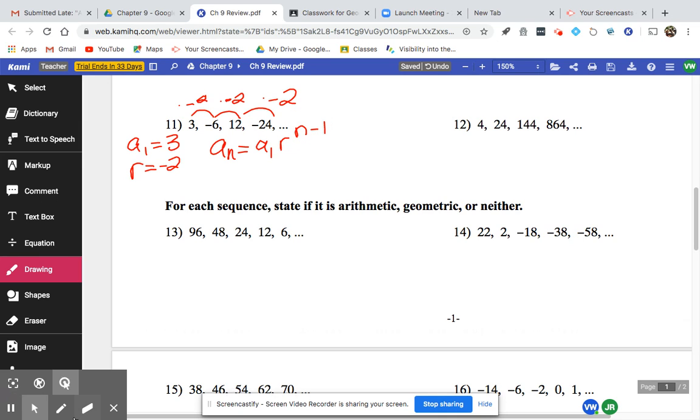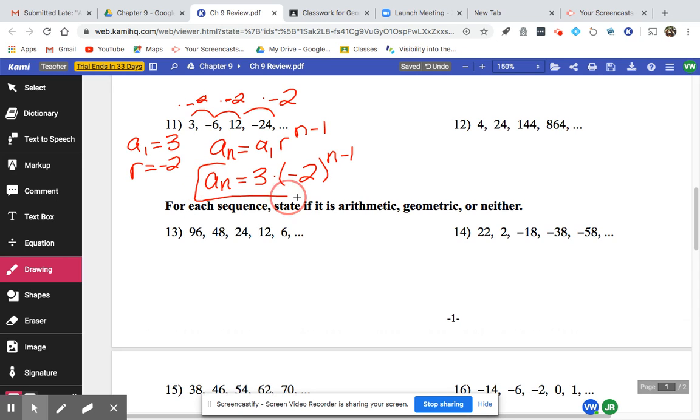We know a1, we know r, so we're in good places. So a sub n equals 3 times negative 2 to the n minus 1. Now, if you were asked to evaluate this, and you will be later, make sure you put any negative number in a set of parentheses. It's just going to make life a whole lot easier, and it's going to make your calculator less confused. So there we go. There's number 11.